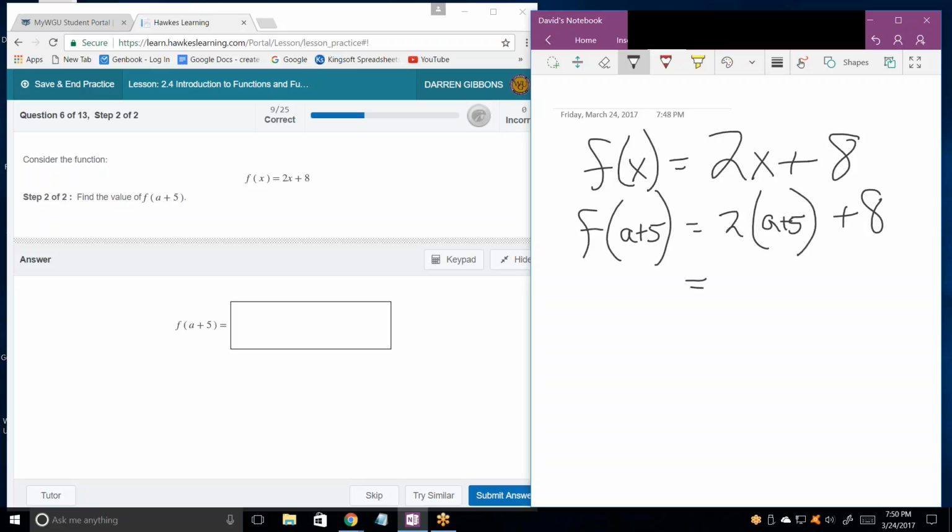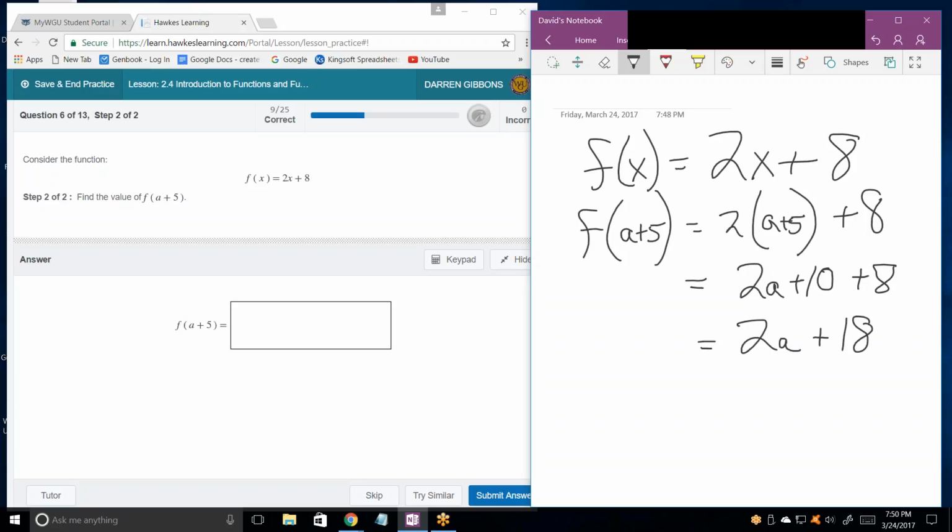They're not going to like that answer because I can reduce it. I can simplify it. Distribute the 2. So 2 times a is 2a, plus 2 times 5 is 10, plus 8. There I've distributed the 2, and I still have my plus 8. So now when I simplify, I've got 2a plus 18.